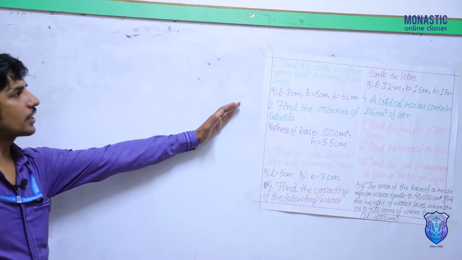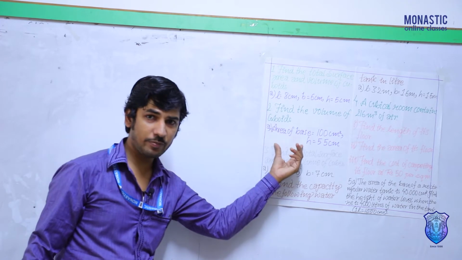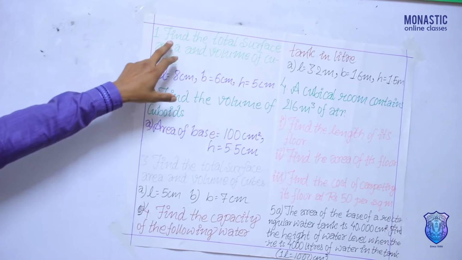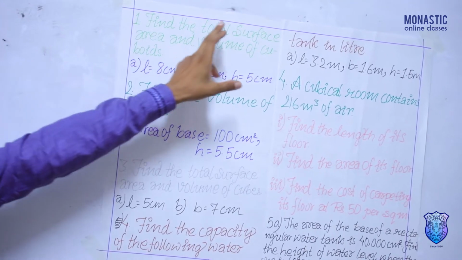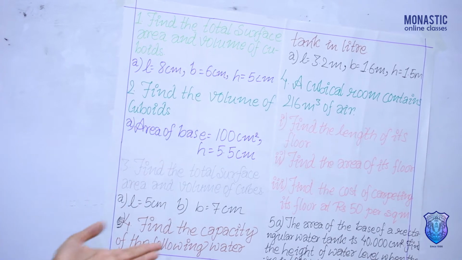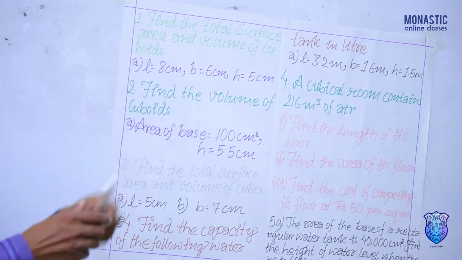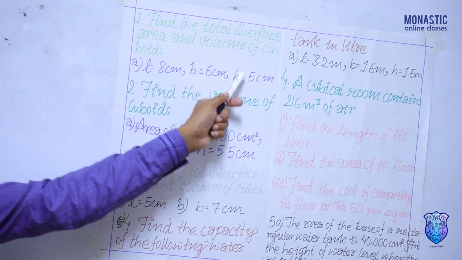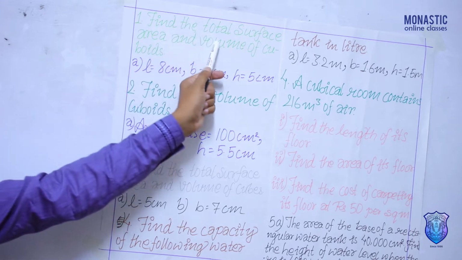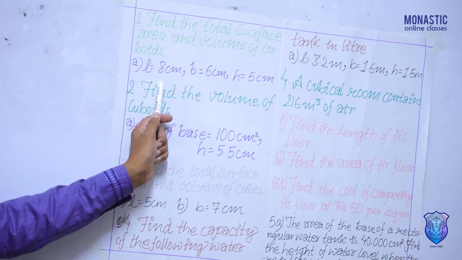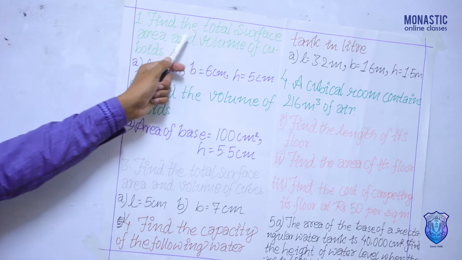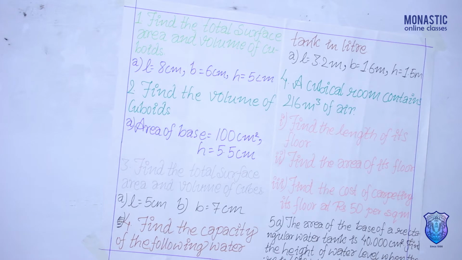Now some questions are given here, and we have to know how to find the answers. The first question: find the total surface area and volume of a cuboid. Given the length is equal to 8 cm, breadth is equal to 6 cm, height is equal to 5 cm. Now the question is how to find the total surface area, that is our first, and second is volume.